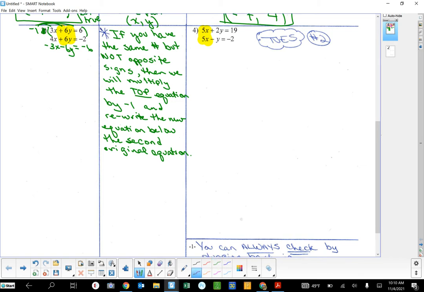So now do all steps from the top of the notes. So 1 through 4.